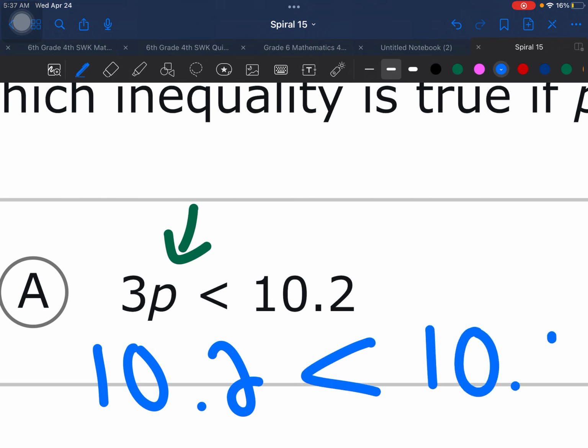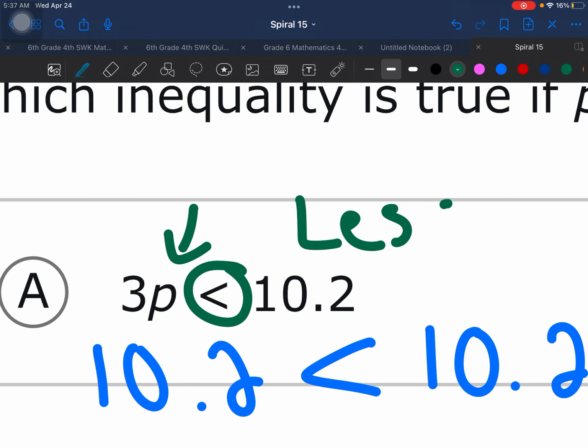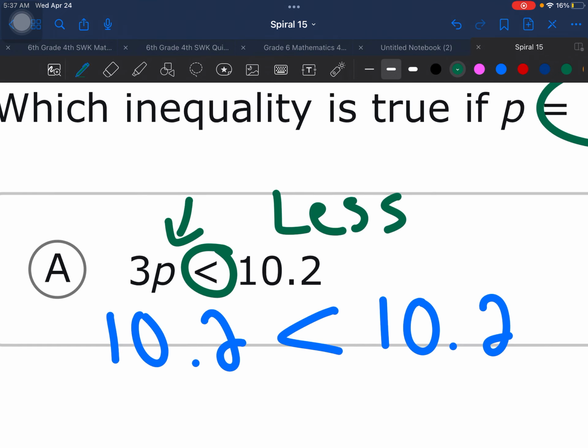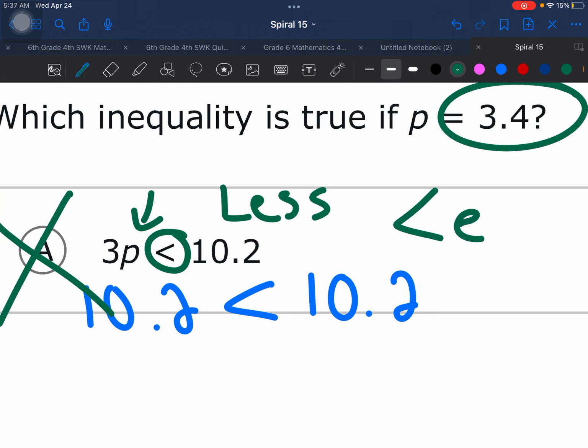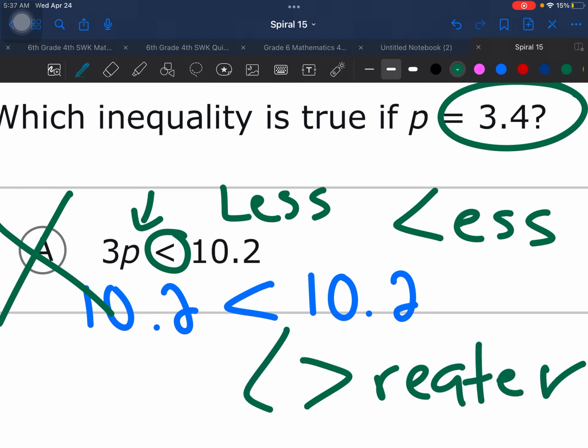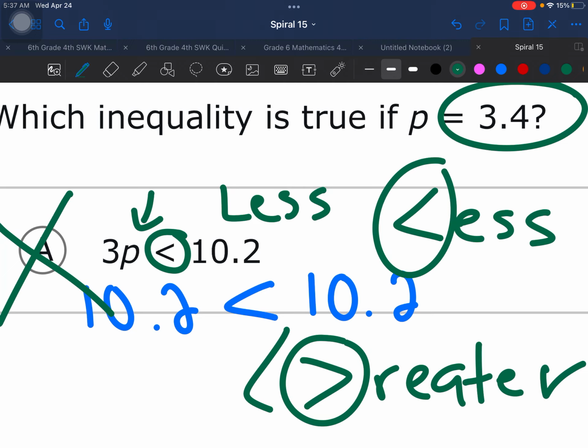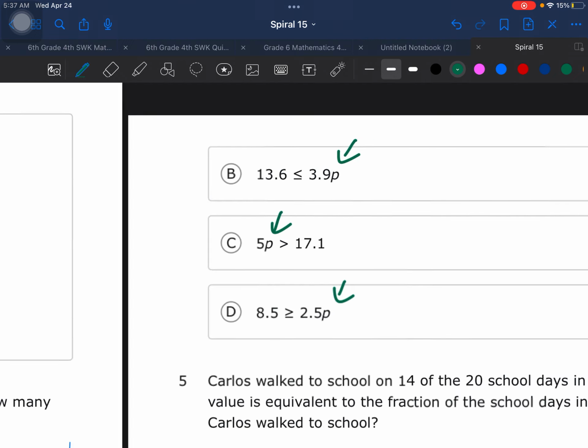But, hold on, is 10.2 less than 10.2? No. And remember, this should help you. And then this one is greater than. Just put a little, that way you can remember the symbols. Now, that one's wrong.